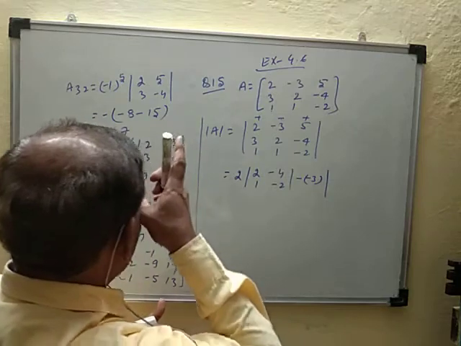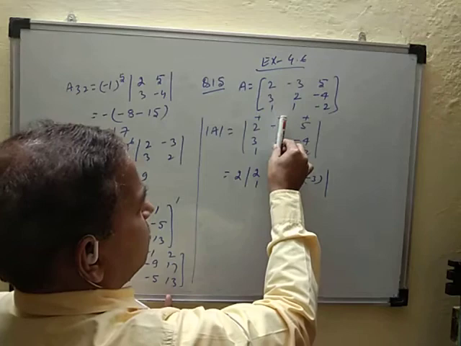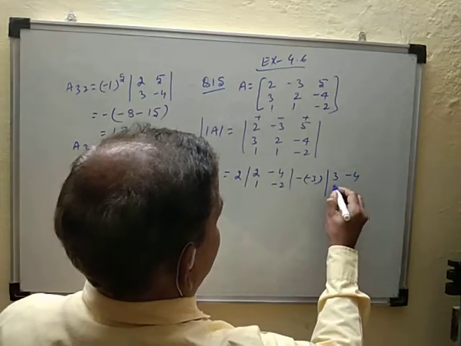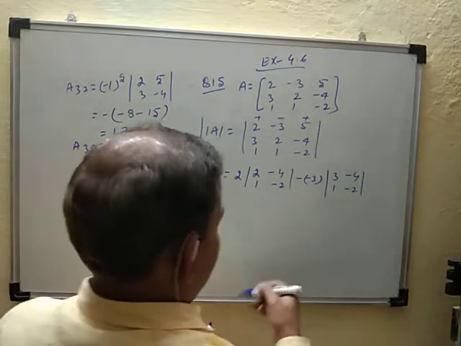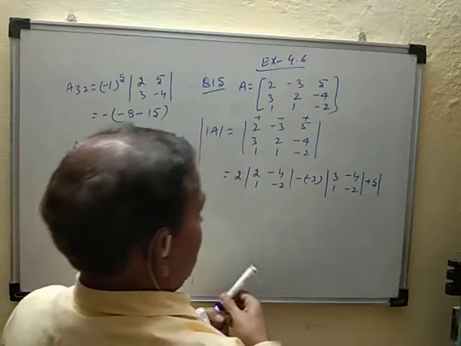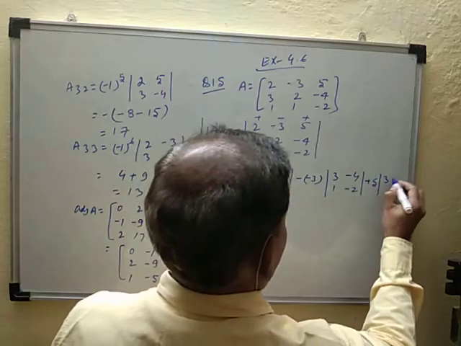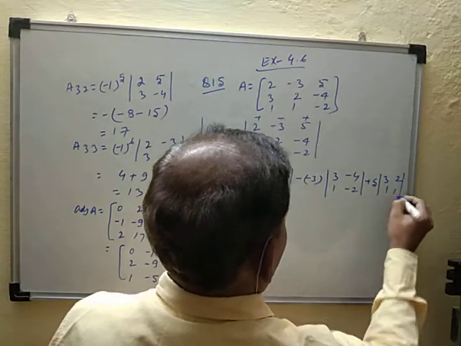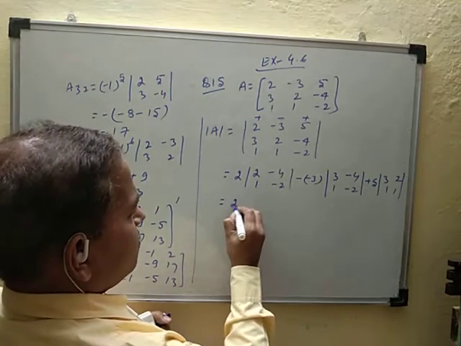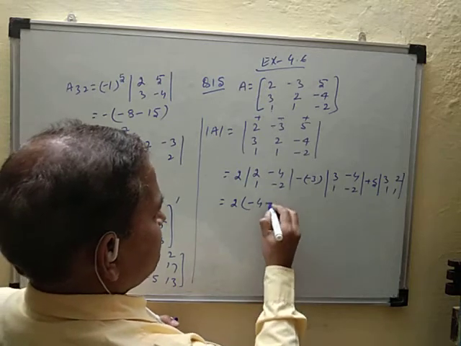Now delete -3, that is यह -3 का रो डिलीट कर देंगे और कॉलम भी डिलीट करेंगे. तो क्या बच गया एलिमेंट? 3, -4, 1, -2. नेक्स्ट एलिमेंट +5, तो 5 का कॉलम और रो सब डिलीट कर दें. सो एलिमेंट इज 3, 2, 1, 1. नाउ सिंप्लीफाई. So this equal to 2, -4, -4.